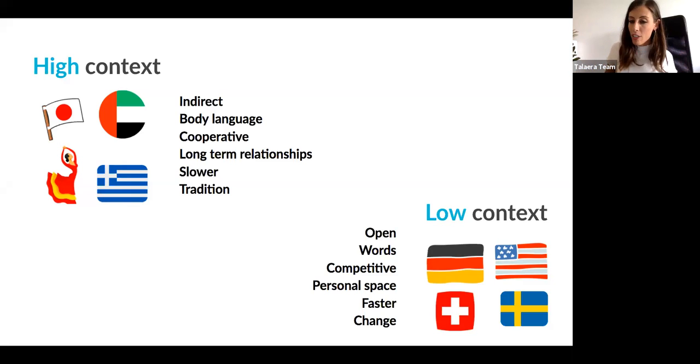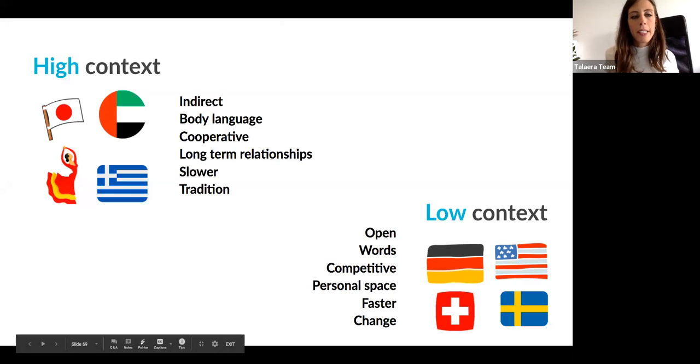While in low context countries like Germany, Sweden, the US, Switzerland, they tend to be more open. They use a lot of words, but they're also more competitive. So it's more about that competition of who's the best. And they also respect their personal space a lot.